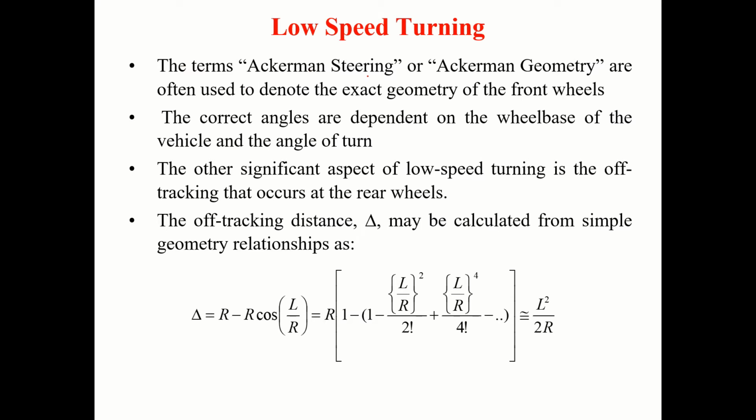So the terms Ackerman or Ackerman geometry are often used to denote the exact geometry of the front wheels. The correct angles are dependent on the wheelbase of the vehicle and the angle of turn. The other significant aspect of low speed turning is the off tracking that occurs at the rear wheels. So that is the disadvantage.